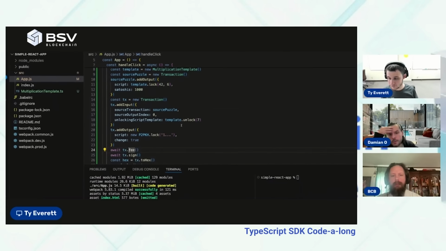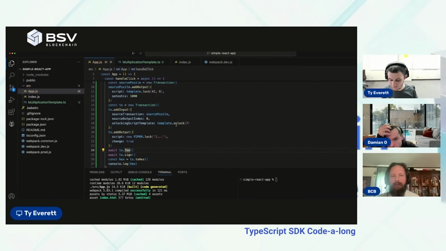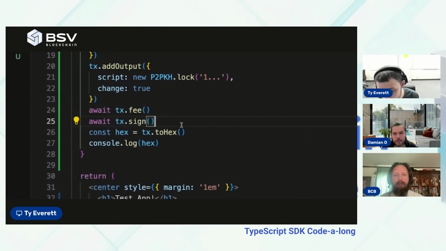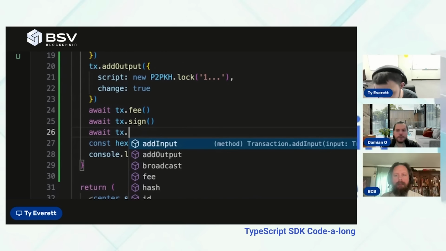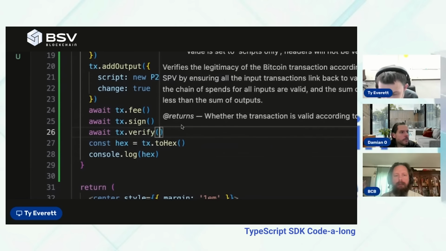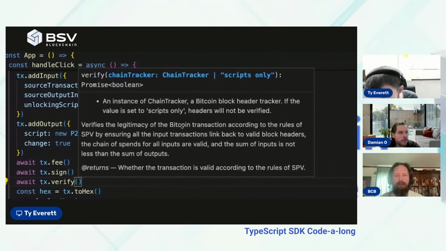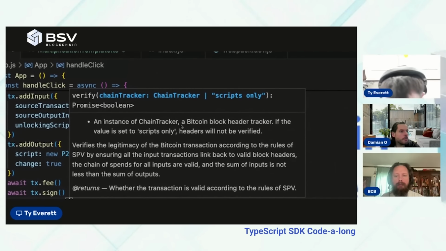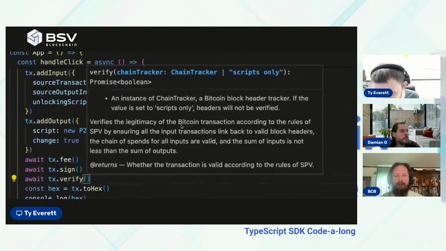Is this at the moment when we call the sign method, is it somehow checked if this unlocking script will really unlock the satoshis, or? It doesn't check during sign, but if you call tx.verify, then this will essentially, right, and you can pass it even, either a chain tracker, which checks all the SPV information, or you can just say, scripts only.